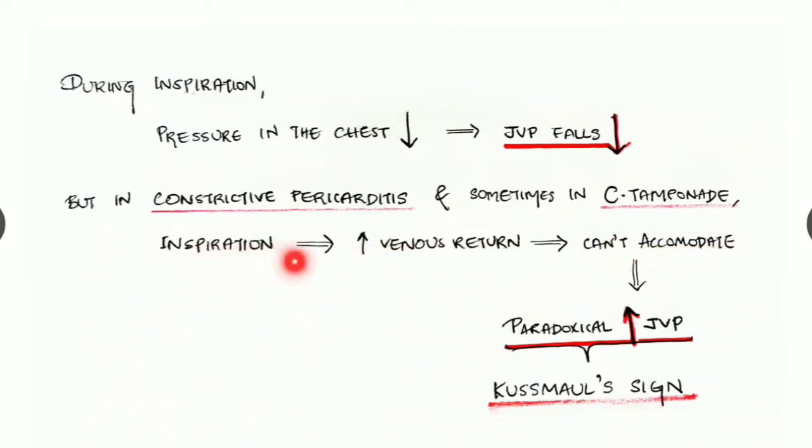So during inspiration, where there is increased venous return, the heart cannot accommodate it in constrictive pericarditis and cardiac tamponade, and that causes increased JVP, which is a paradoxical situation. And this paradoxical increased JVP is known as Kussmaul's sign.